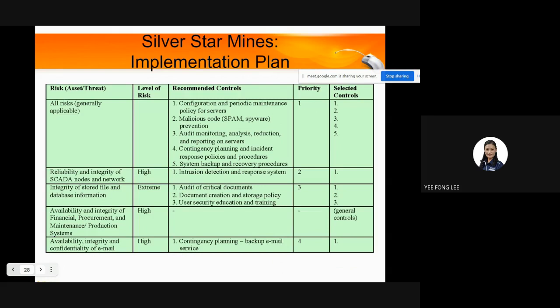After this, it might lead to new cycles of risk assessment again, plan development, and then follow-up again. So it is another repeated, cyclic process that will be performed again.